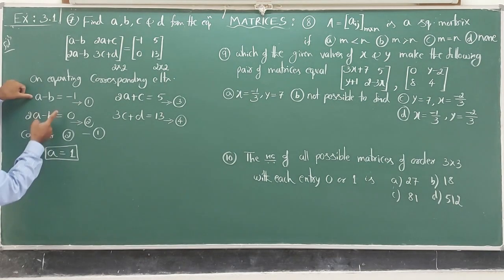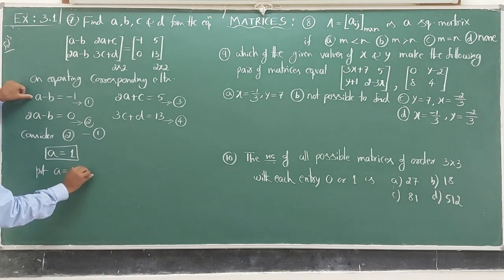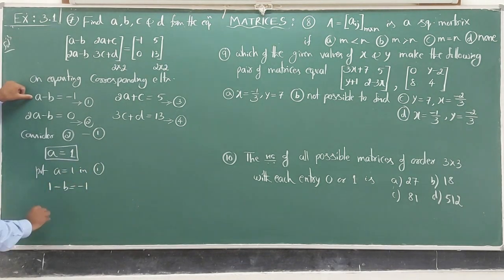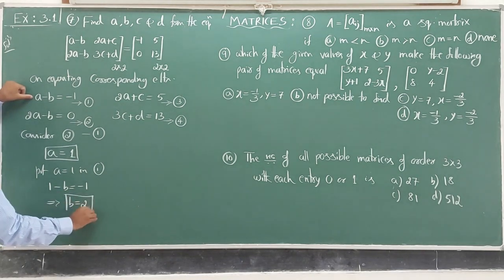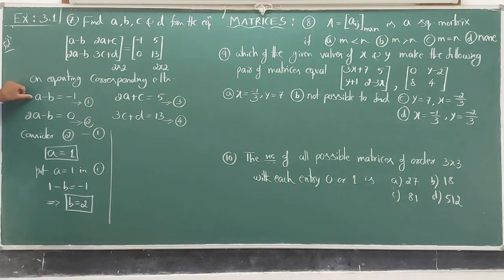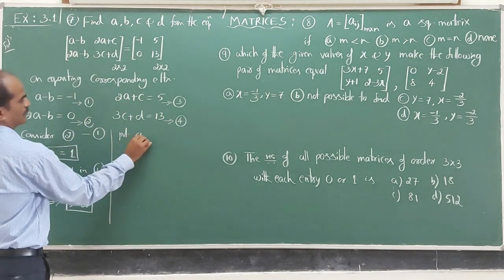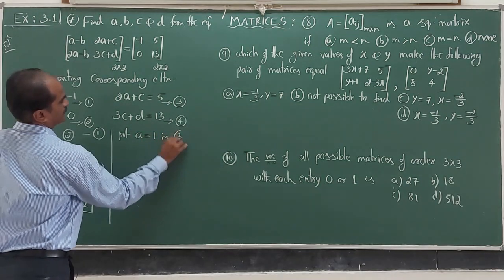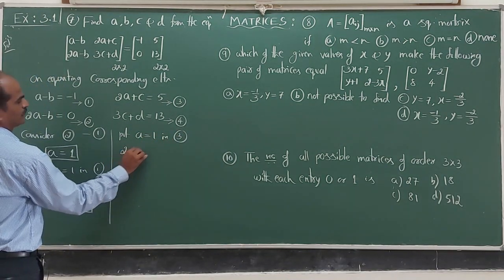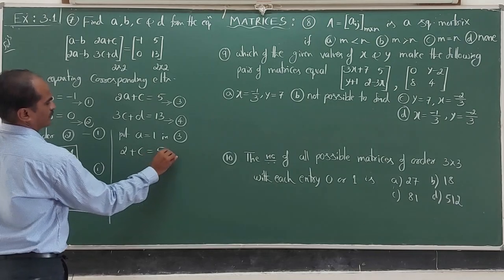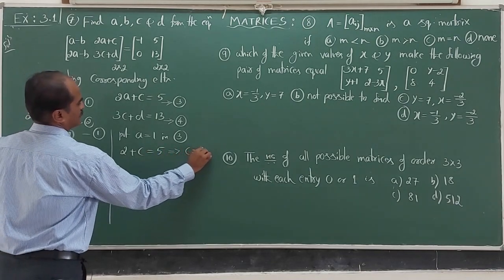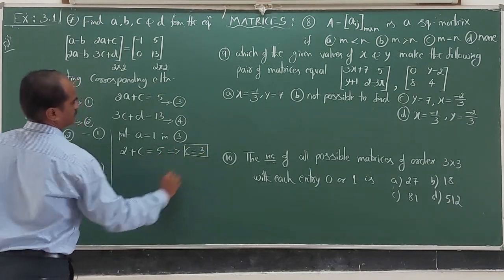Substitute a equal to 1 in equation 1. We get 1 minus b equal to minus 1. It implies b equal to 2. Put a equal to 1 in equation 3. We get 2 plus c equal to 5. It implies c value is 3.